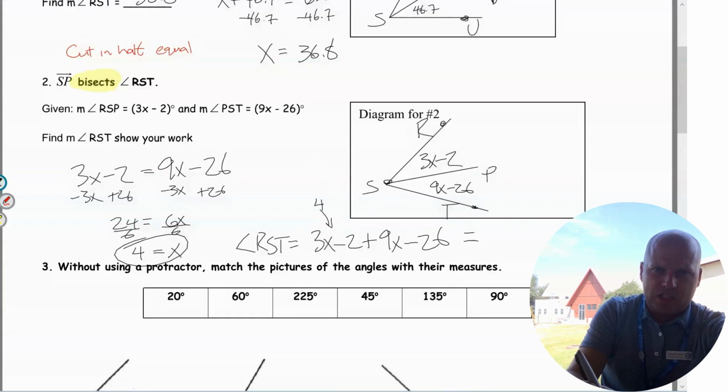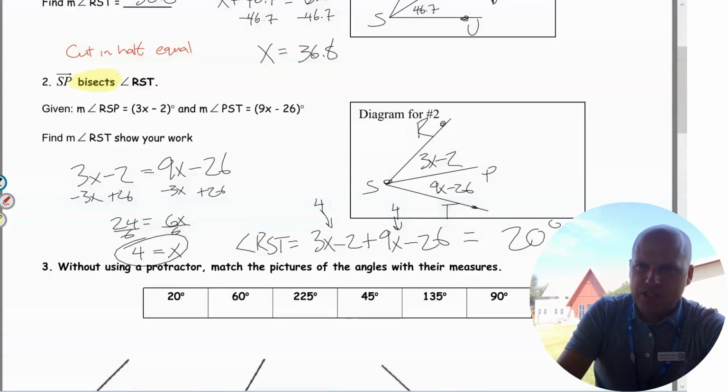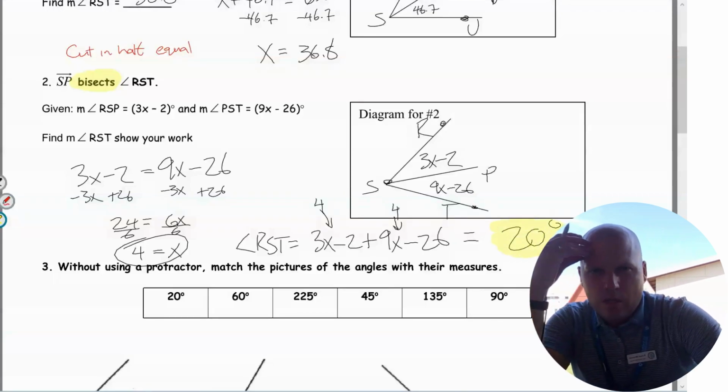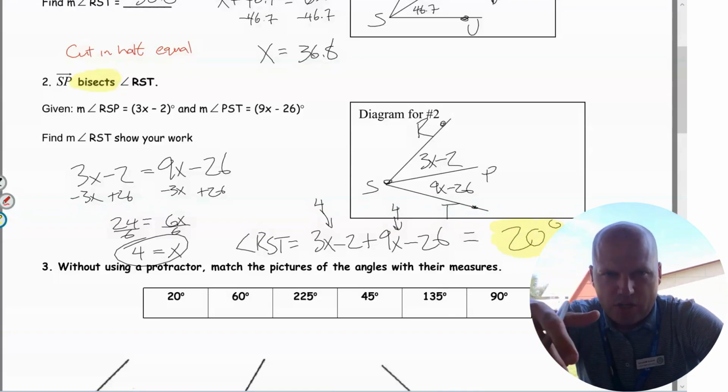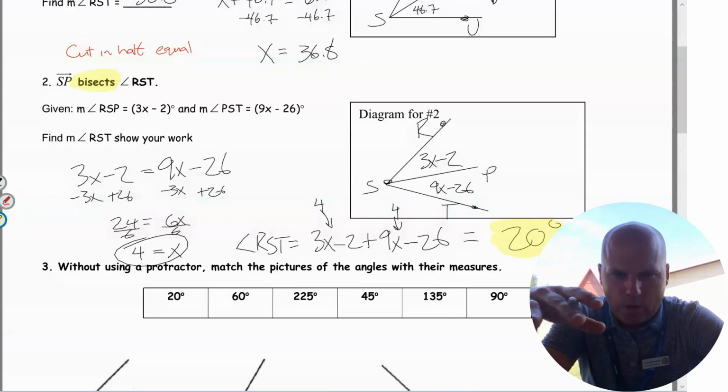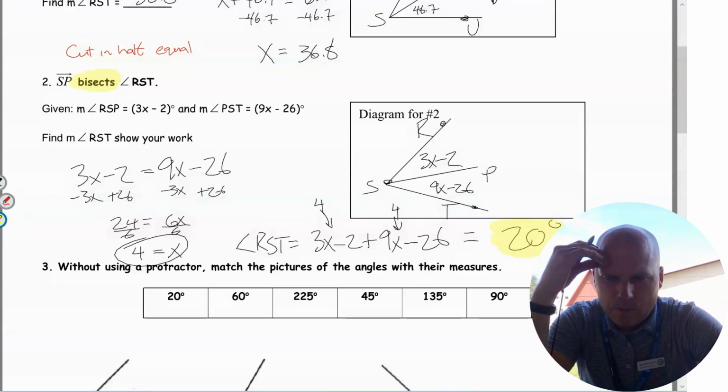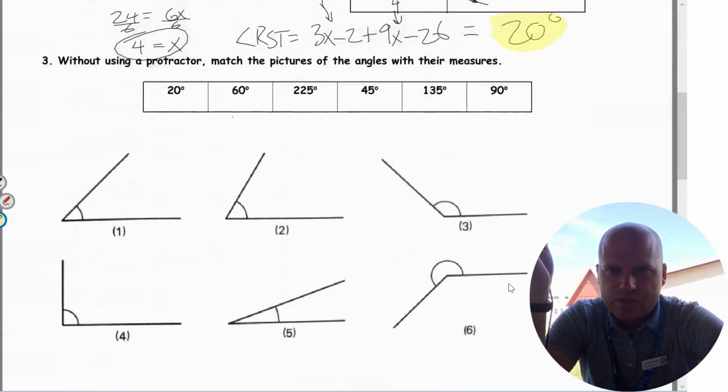Here, we know that x is 4. So you'd be able to see it's 10 plus 10, which is 20 degrees. This is the answer. It's not x equals 4, it's 20 degrees. Could you have gotten 20 degrees in different ways? Of course. But get used to creating and solving equations in this class.